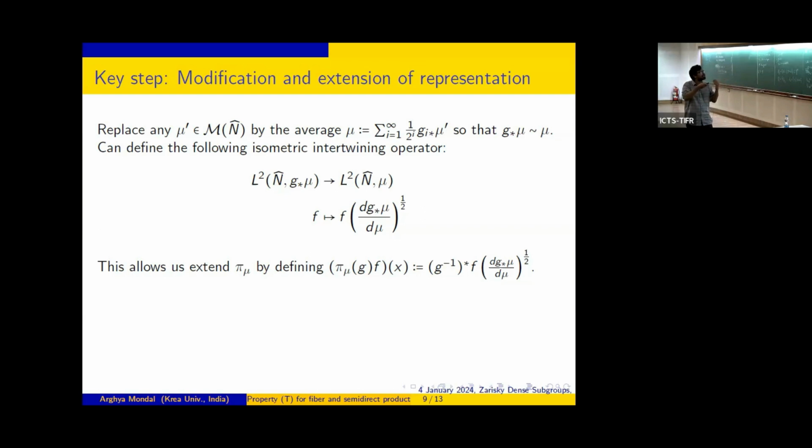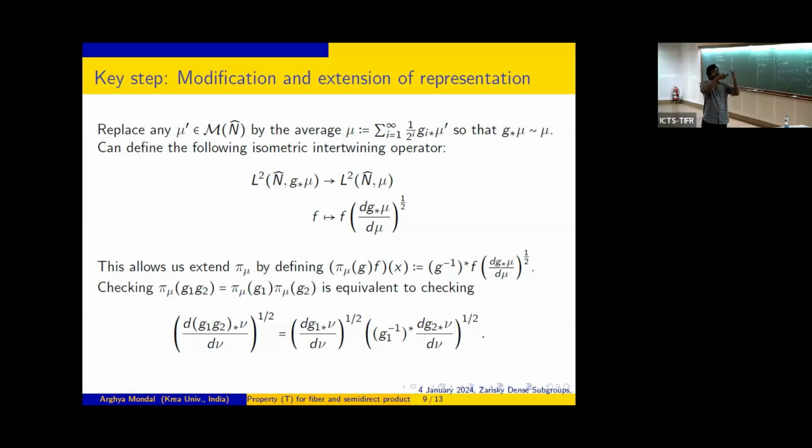And this allows us to extend. You can define these operators pi mu of G like this, and then you have to check that it is compatible with the N action, which from the definition it will be, in the sense that pi mu of G n G inverse is equal to pi mu of G dot n. And one has to check that it is also a group homomorphism, that pi mu of G1 G2 is equal to pi mu of G1 times pi mu of G2.